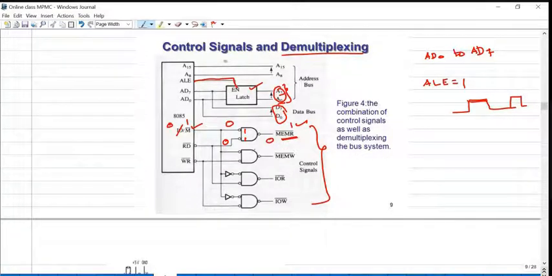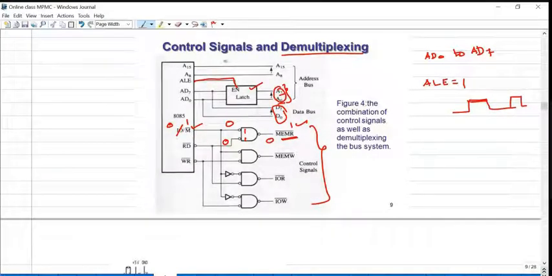Explain the control signals and demultiplexing concept of AD0 to AD7; then we need to draw this diagram and show how the microprocessor generates the various control signals: memory read, memory write, IO read and IO write operations. Similarly, you can understand by placing write bar equal to 0, and the corresponding control signal will have the logic high value. I have demonstrated only one example here.